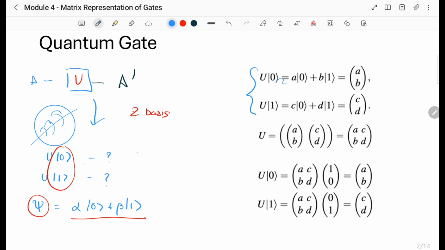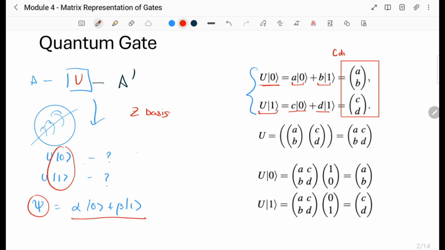We look at our quantum gate and see what it does to 0 and 1. So for example, here it adds coefficients A and B respectively to 0 and 1. If we apply it on the 1 state, it adds coefficients C and D. And we can represent this as column vectors.